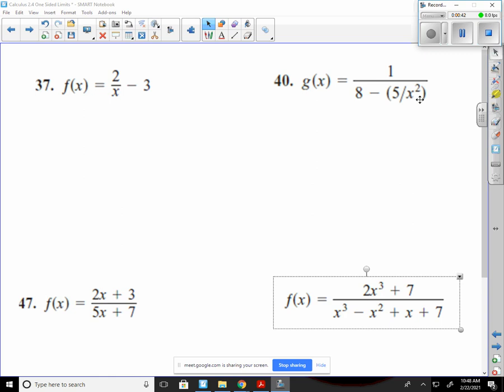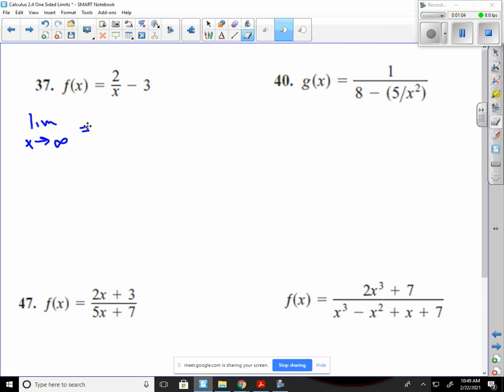So, first, number 37. As I look at this one, I see it's 2 over x minus 3. Okay? So if I take the limit as x approaches infinity of this whole thing, then that means that I'm going to break it down into two pieces.